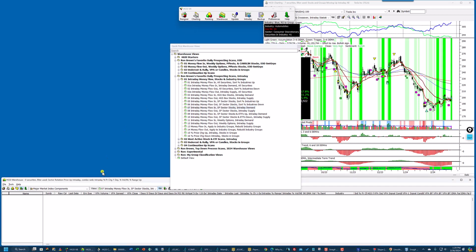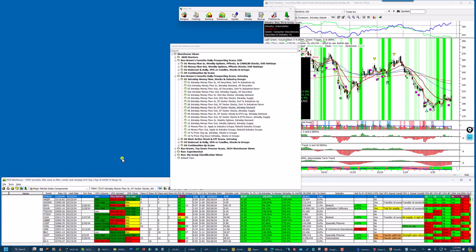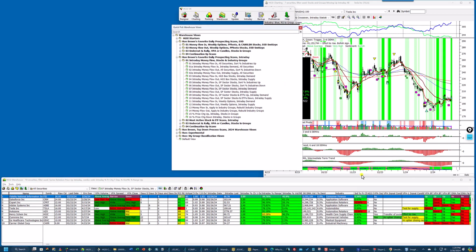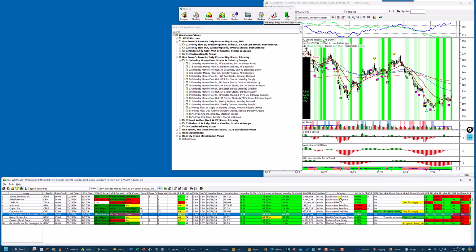I need to go to all securities here, and then I'll reapply the filter, and this shows me which groups are moving up today.